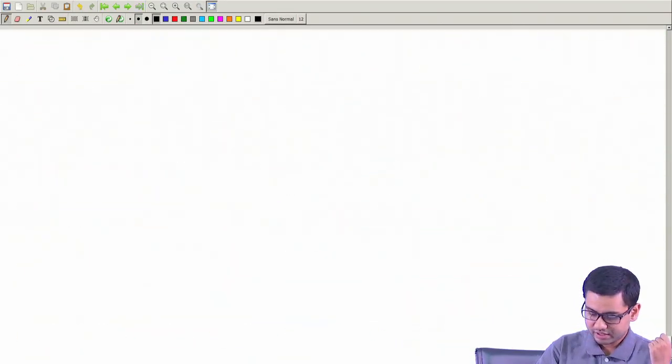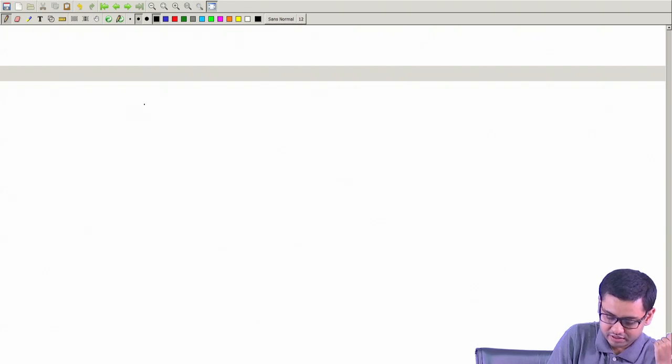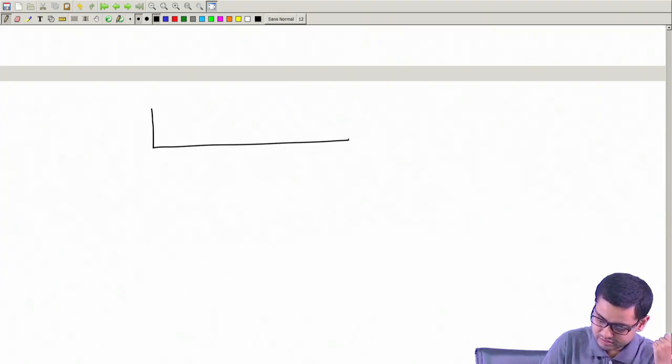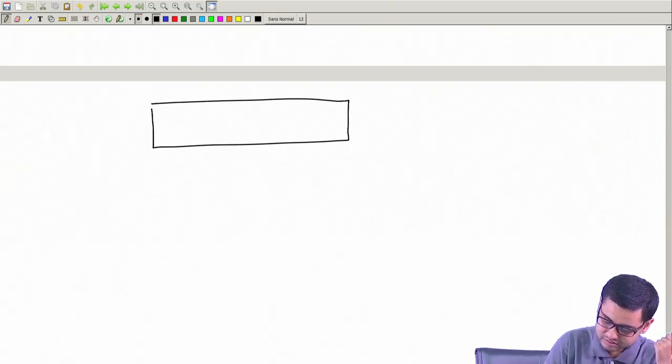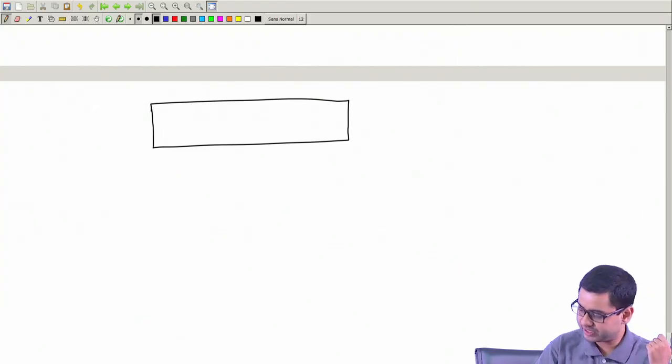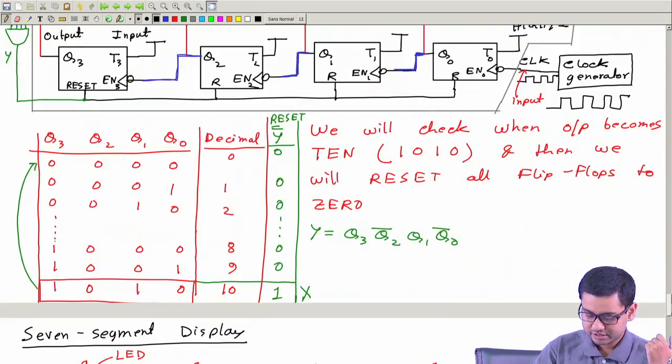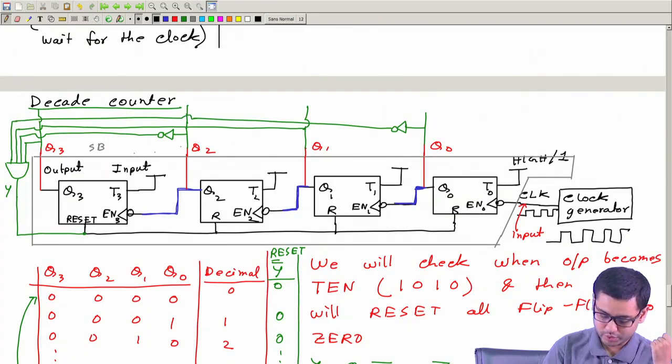Now let me draw the decade counter in a simplified way like this. It will have 4 outputs definitely: Q0, Q1, Q2, and Q3. These are the 4 outputs.